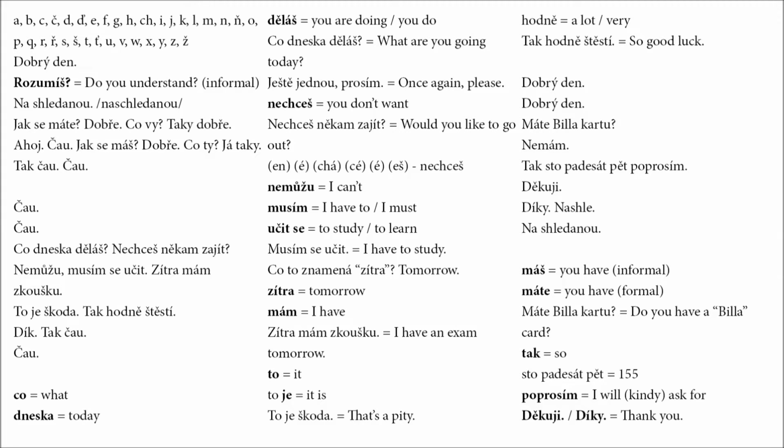Okay, so let's try just repeating phrases and translating. You don't have to make the sentences yourself, just try repeating and thinking about what it means. Dobrý den. Good day. Rozumíš.